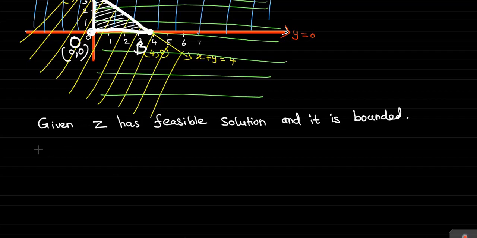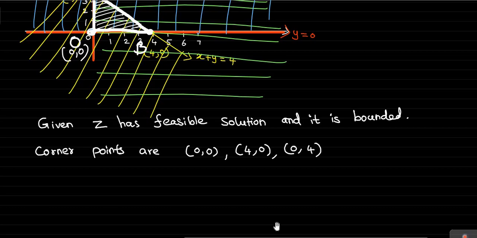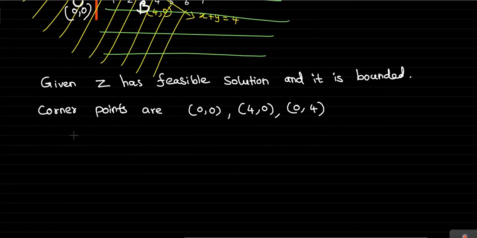Okay. And the corner points are, what are the corner points? 0 comma 0, 4 comma 0, and 0 comma 4. Now we need to find out the maximum value.